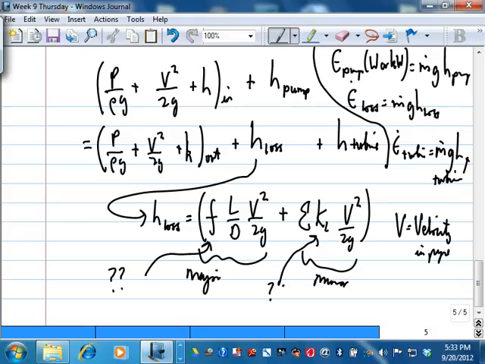Mostly we get that number from charts, from experimental data and all that. Now F depends on whether the flow is laminar or turbulent. We have to talk about both today, laminar, turbulent, and so on. Then we worry about F.